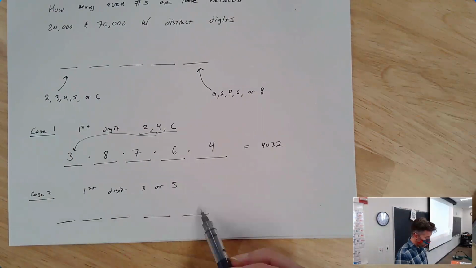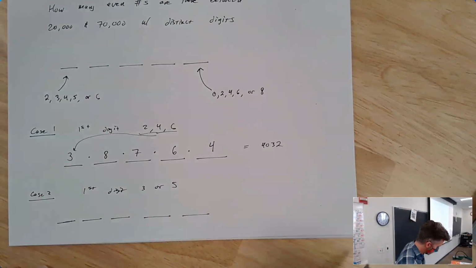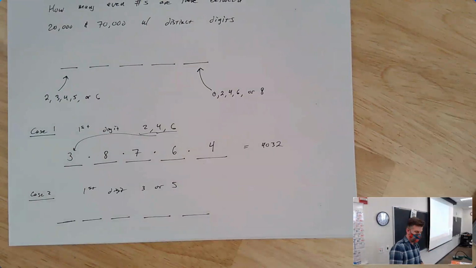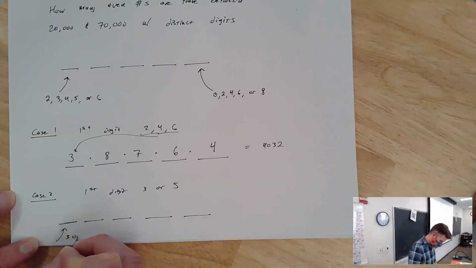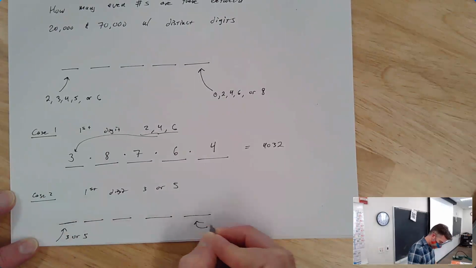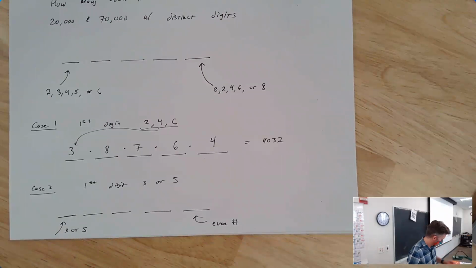How many choices do you have for your last thing? And how many choices do you have for the rest of them? I'll give you a minute or so to work on that. You guys at home too, work on that.